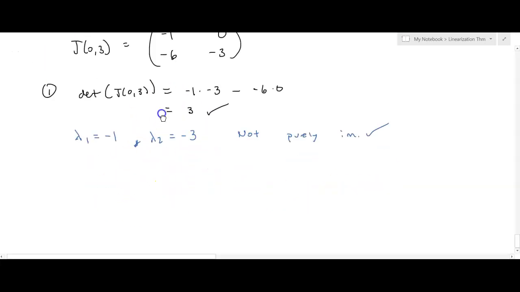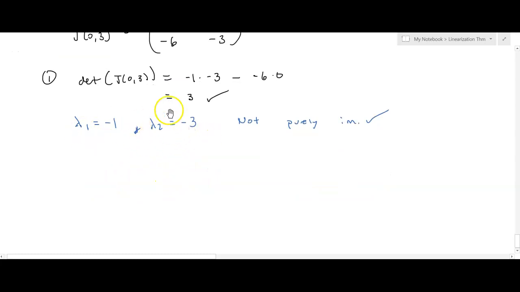They're not complex eigenvalues. And so what that means, if both eigenvalues are negative, then 0, 3 acts like a sink, since both eigenvalues are negative.